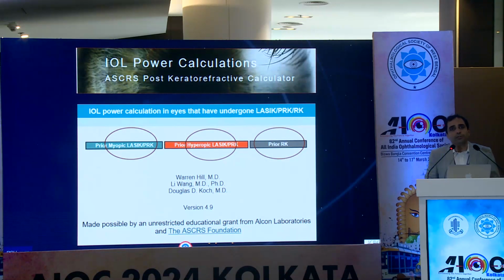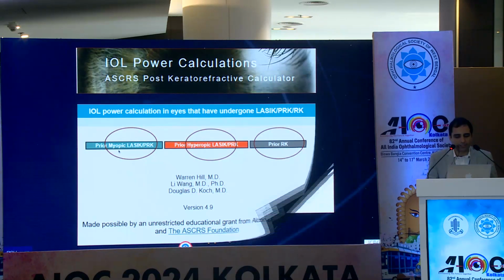What formula to use? I think the easiest option is to go to the website; for so many years it was the ASCRS website. Now also the ESCRS has its own online calculator for post-refractive surgery eyes. So basically you go onto the website, it's a free formula, and choose what kind of prior refractive surgery has been done, whether it's an RK, hyperopic LASIK or a myopic LASIK.